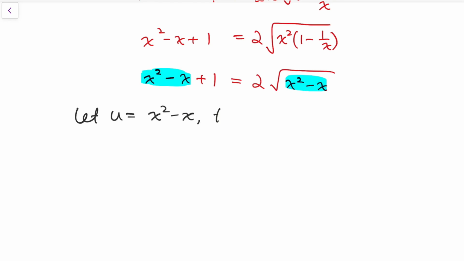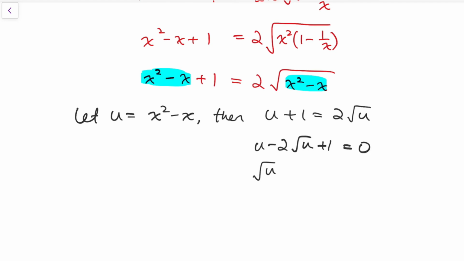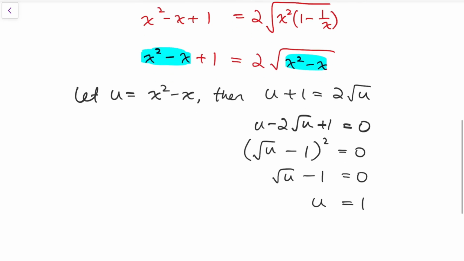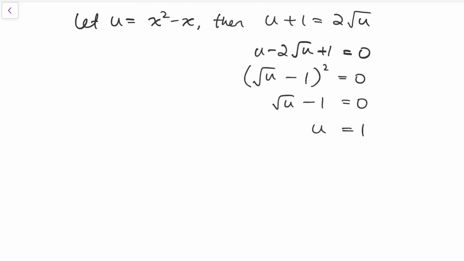If we let u equals x squared minus x, then u plus 1 equals 2 times square root of u. So it's actually just a quadratic equation. Factorizing, we have square root u minus 1 all squared equals 0. So square root u minus 1 equals 0. Solving, we have u equals 1.